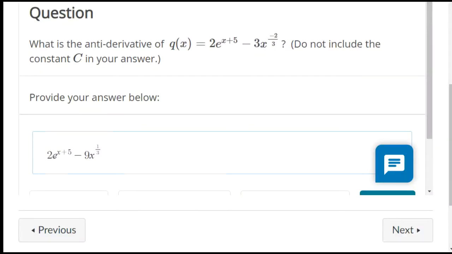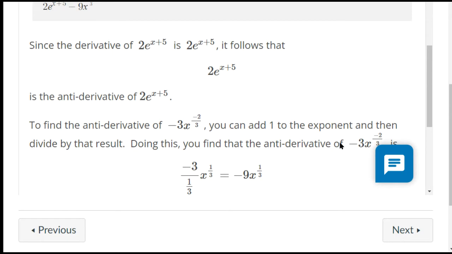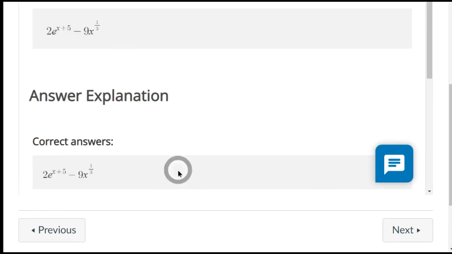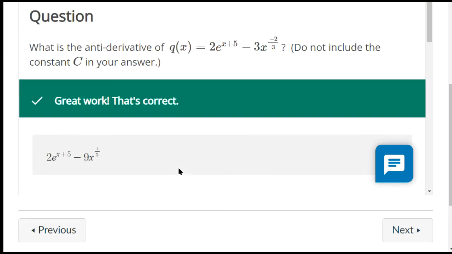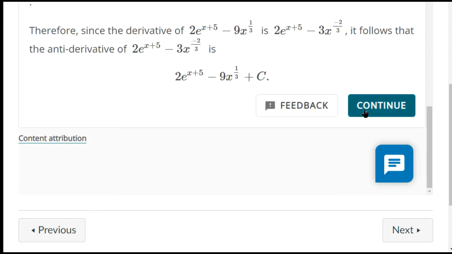There we are. They didn't put a plus c in their answer. Oh, it says do not include the constant c in your answer. Okay, good deal.